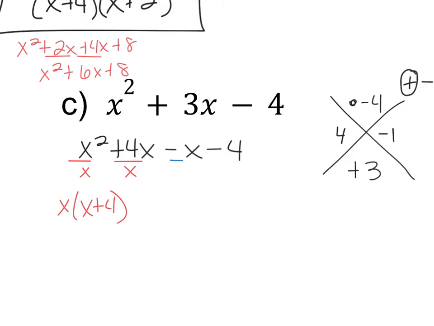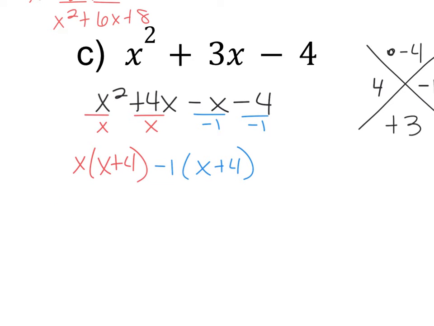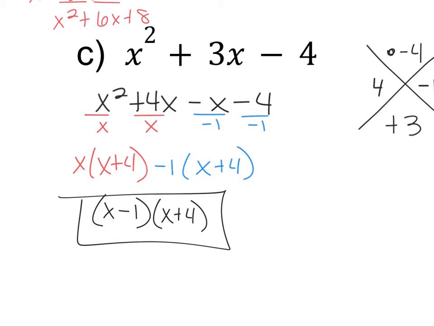And if you remember from the last lesson, to switch those signs around, we have to factor out a -1. So this is going to be -1 times (x plus 4). All right, do your parentheses match? Yes, they do. So I'm going to have (x minus 1) times (x plus 4). Boom.